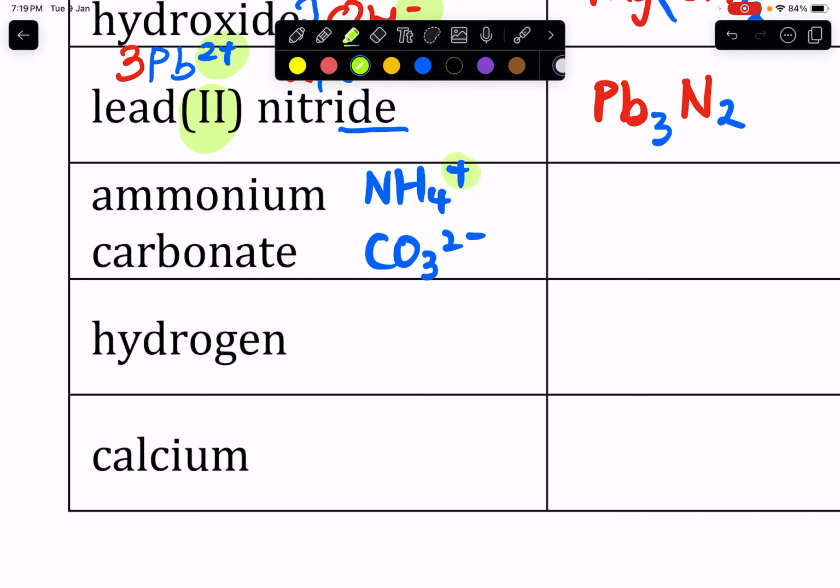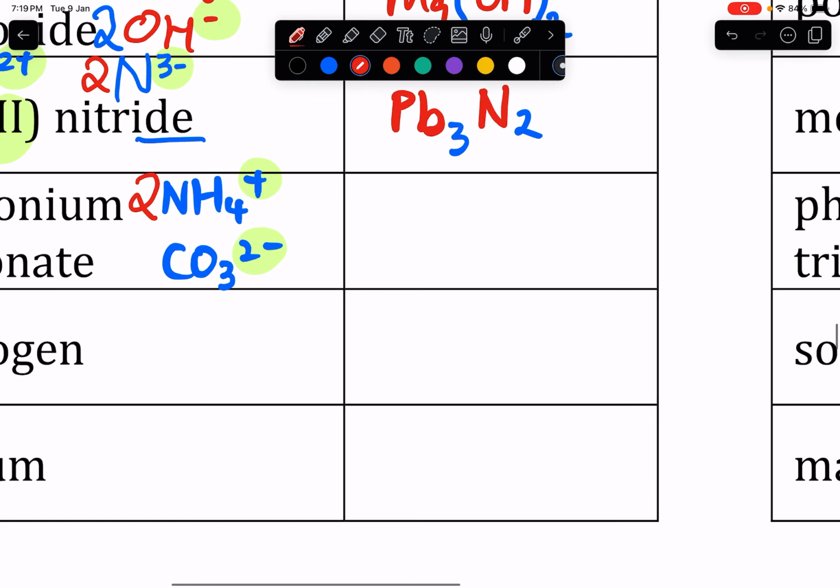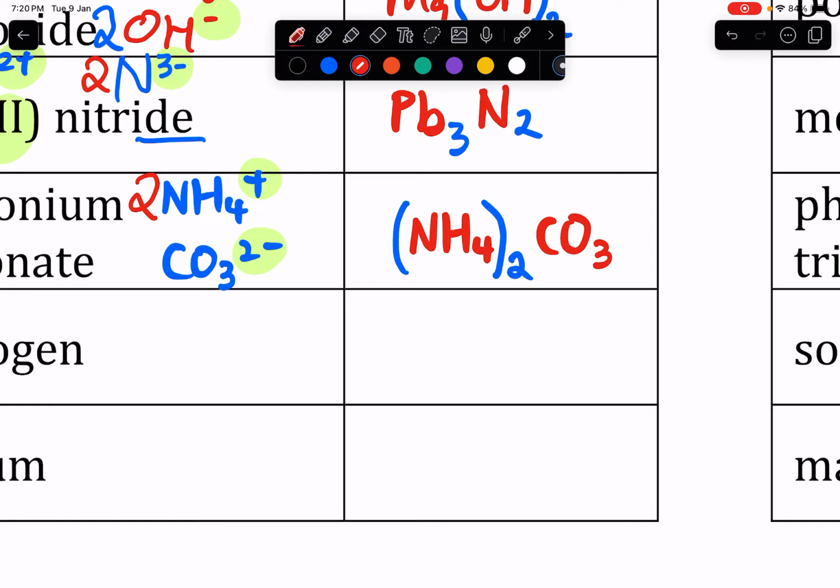If I look at the charges, to balance the charge, I need to multiply by 2 here. So how do I multiply by 2? I need to write ammonium, then bracket the whole thing, since it's a polyatomic ion, and multiply by 2. Then I add on carbonate, there's only 1, so I just need to write CO3.